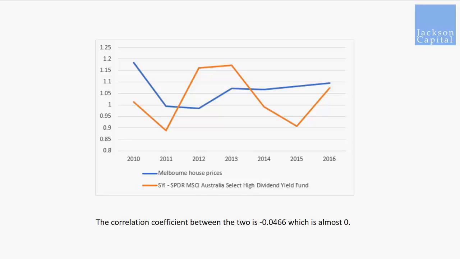The correlation coefficient between the two is negative 0.0466, which we can assume is almost zero, so they're uncorrelated. These two will work well in a portfolio. If you've got some property and you've got this SYI fund, then these will work nicely. If there is a problem in the property market, then the SYI fund would make up the difference, and vice versa.